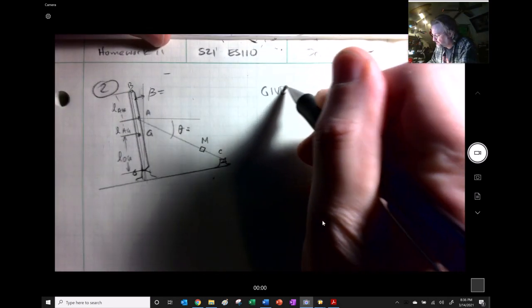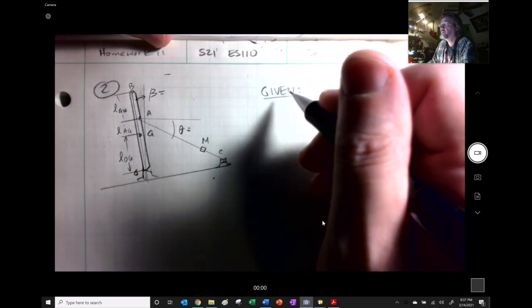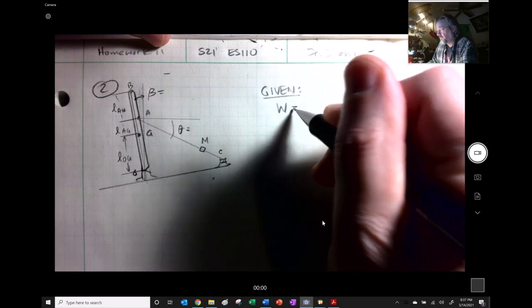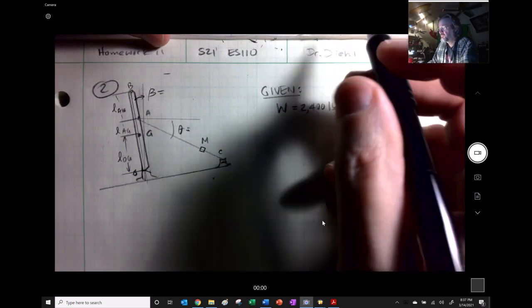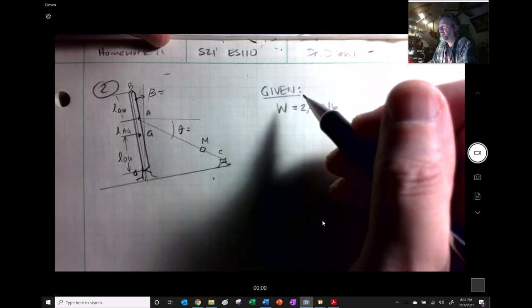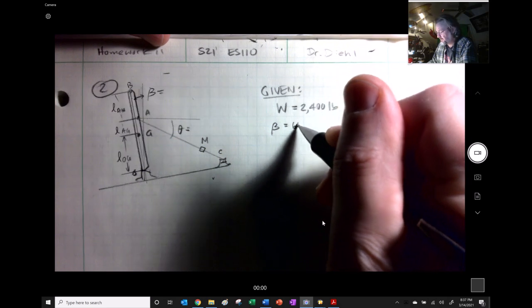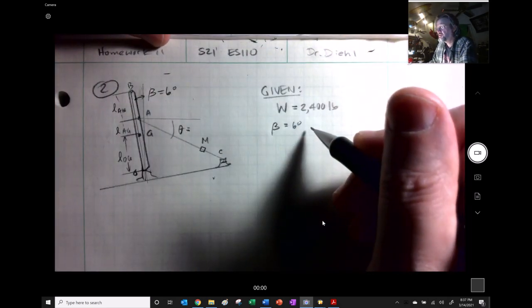We'll go with given and things we want to know. The weight of the whole thing is going to be 2,400 pounds. Beta is equal to 6 degrees.